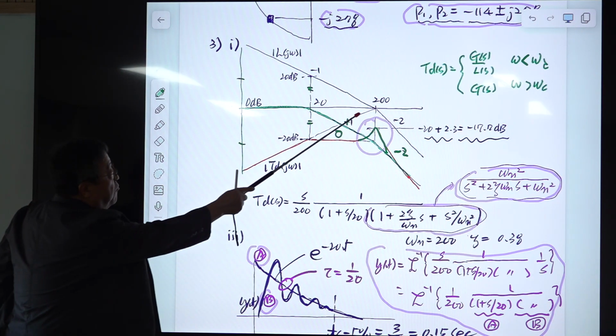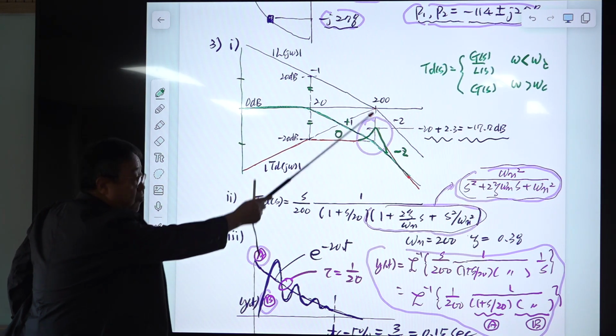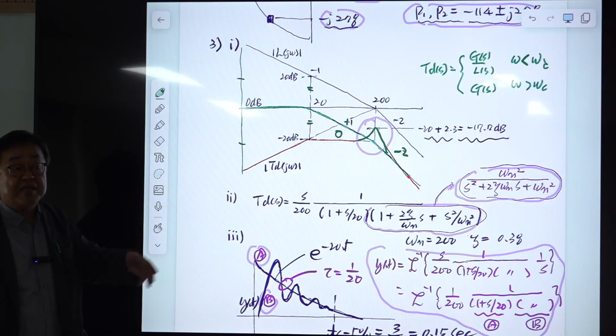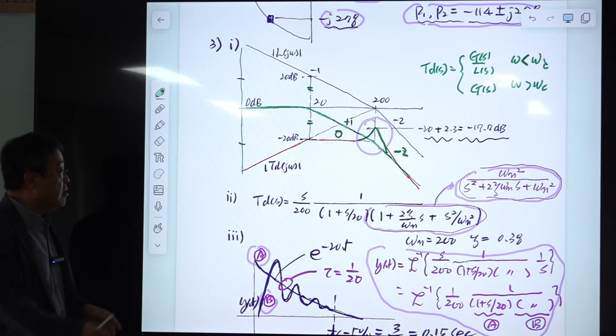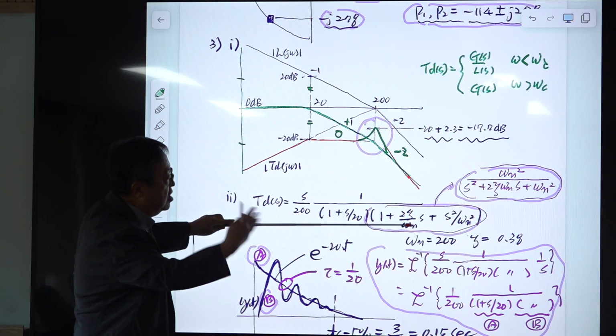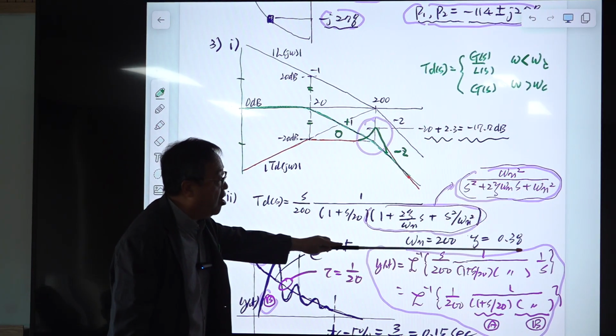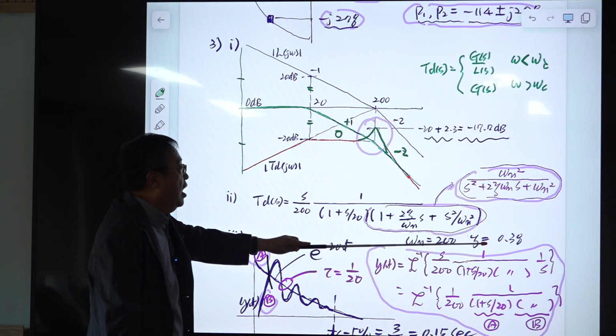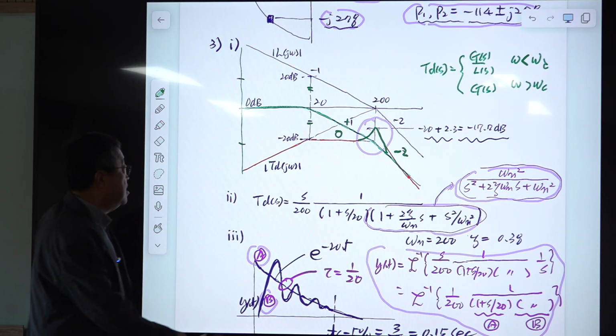And phase at this point was minus 45 degree, and so phase margin is 45 degree, right? So 45 degree is translated with zeta of this number. So you have a formula somewhere here, and this zeta becomes like this.